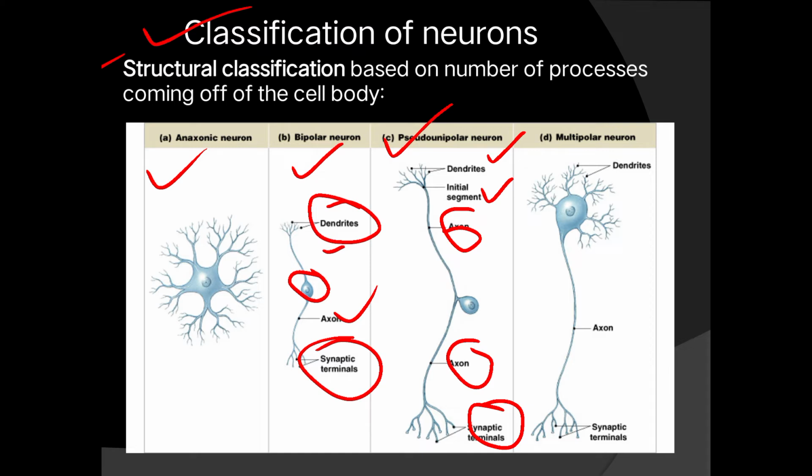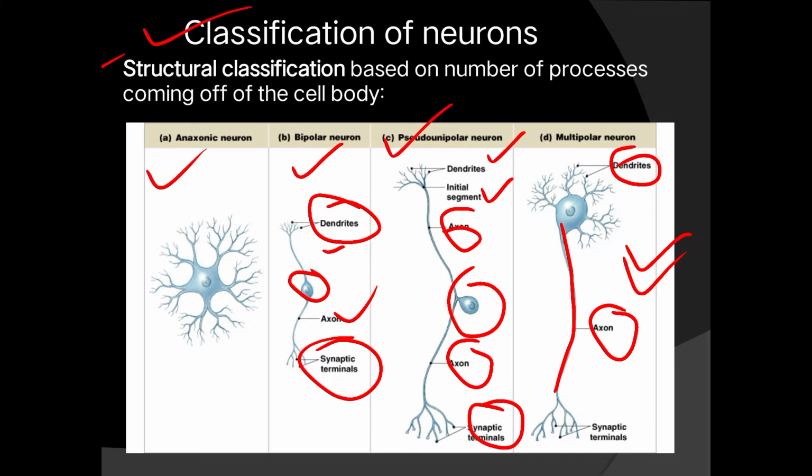Multipolar means we can see that the axon is there like this, and these are the dendrites. Okay, so this is the normal type which we have studied earlier. If the cell body has an axon on both sides, then it is called pseudo unipolar, because it appears like a single process, but it has both side axon. And this is the bipolar.